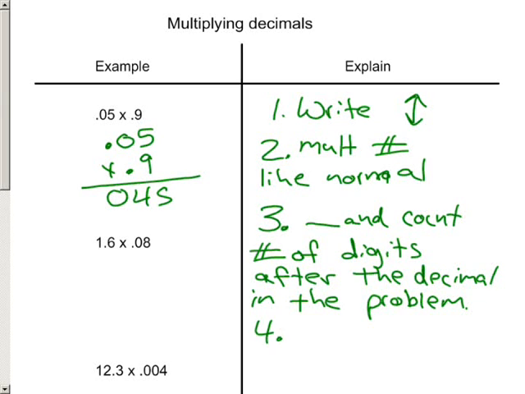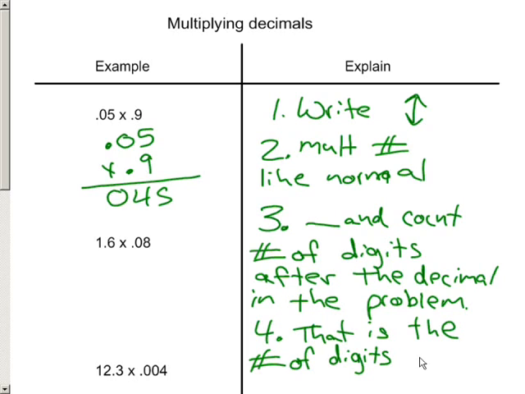Why do we do that? Well, that is the number of digits after the decimal in the answer. Now you're probably going to need to pause to write that down. I know that's a little wordy, but it's super important. So pause, get that written down.